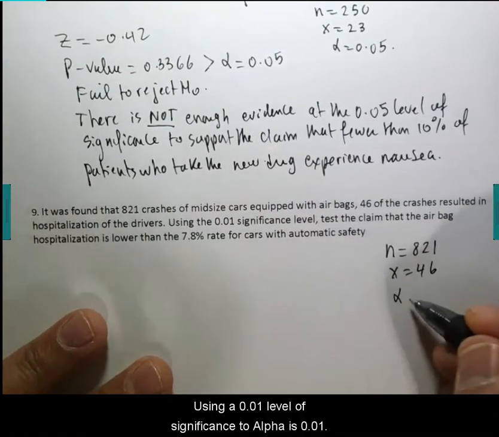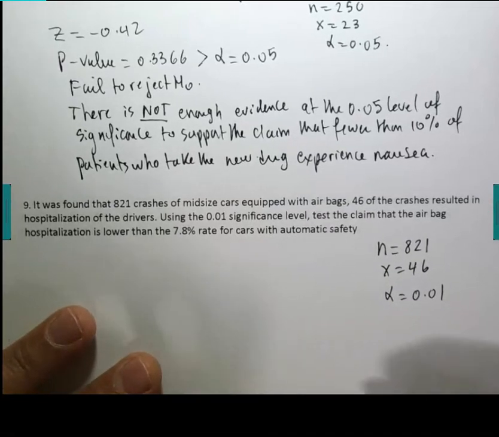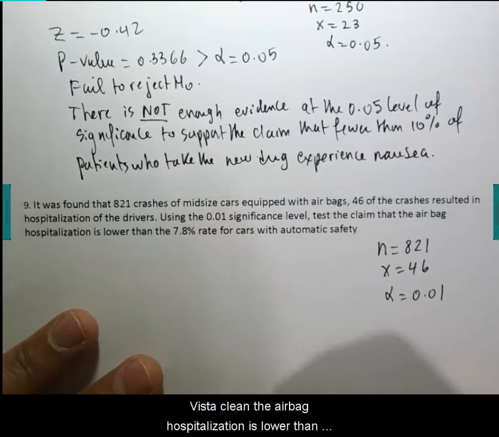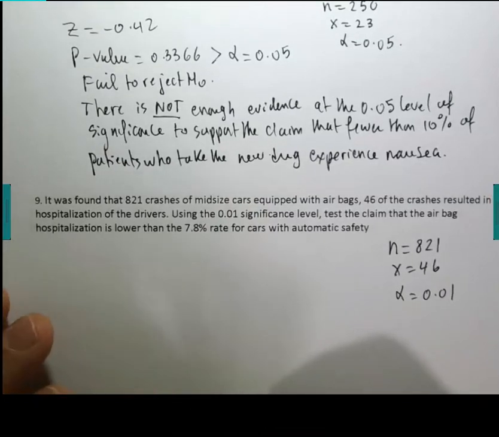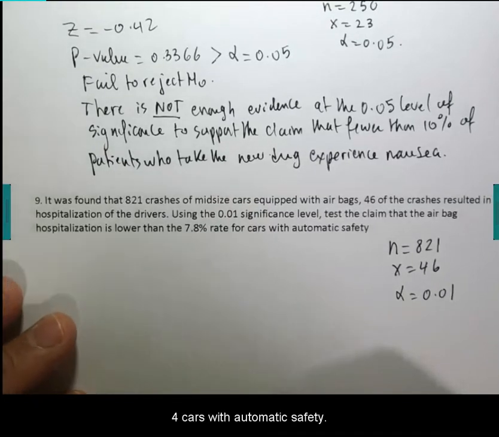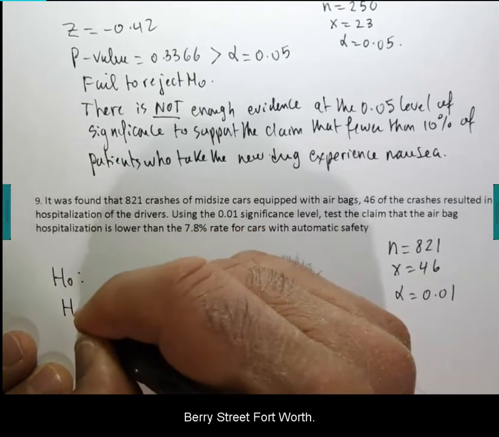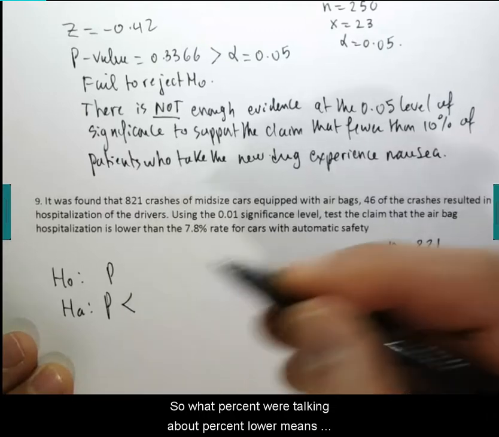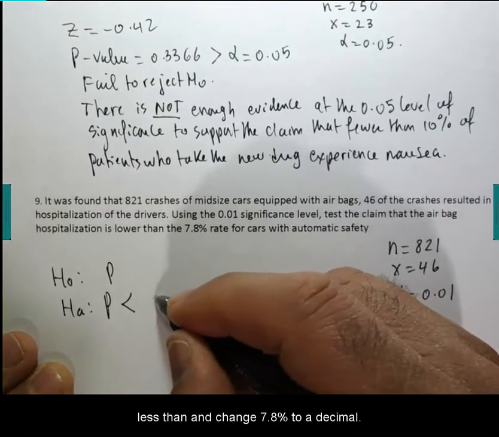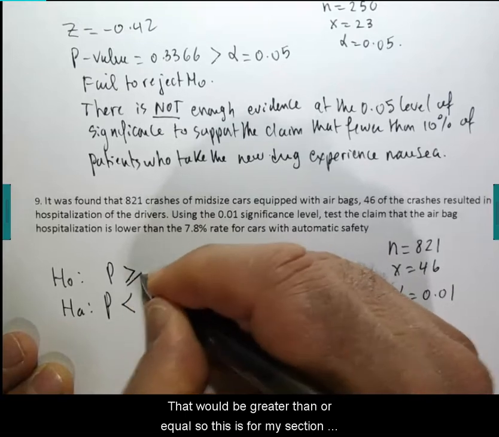Using a 0.01 level of significance, so alpha is 0.01, test the claim that the airbag hospitalization rate is lower than the 7.8% rate for cars with automatic safety belts. So that's very straightforward. We're talking about percent. Lower means less than. And change 7.8% to a decimal. That would be greater than or equal.